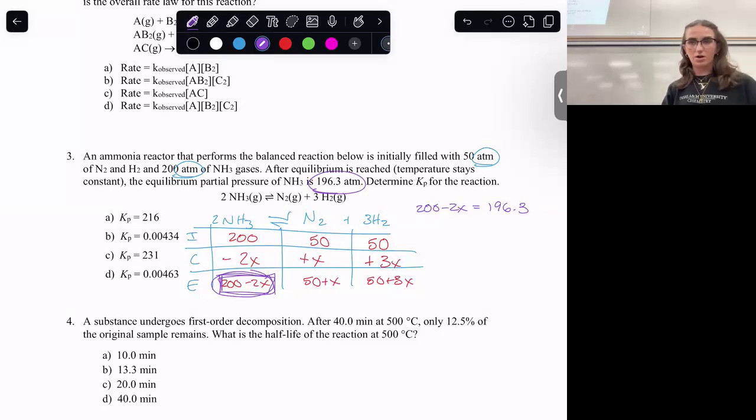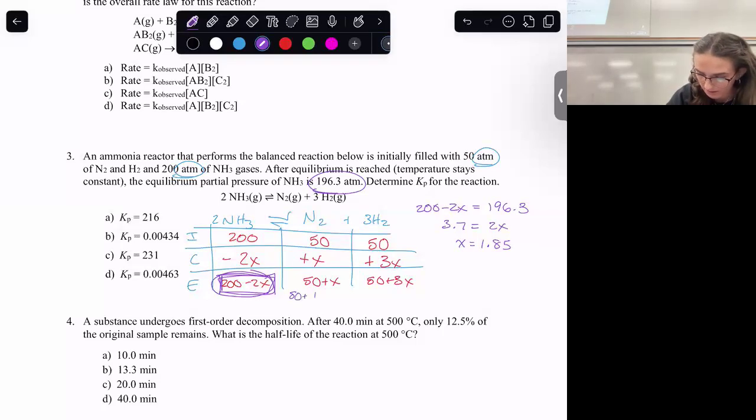So then we can solve for X, and we have X equal to 1.85. And how does that help us? Yep, we can plug that in for our pressures of N2 and H2.